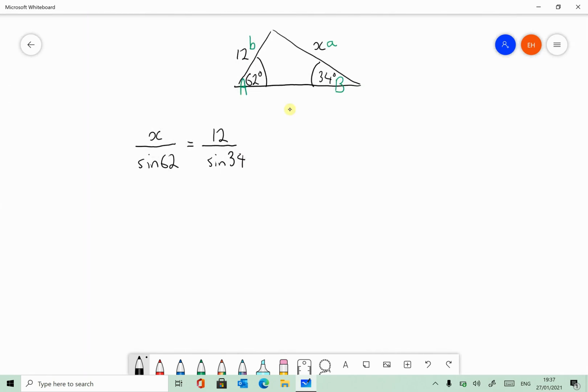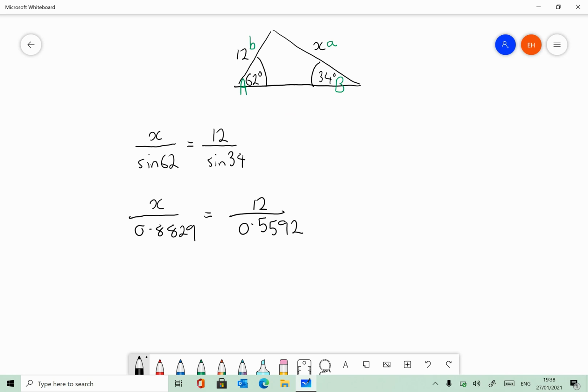So whenever I can, I put this type of thing into my calculator. So I now have x all over the sine of 62, which is 0.8829, let's say. And that's equal to 12 all over the sine of 34, which is 0.5592.